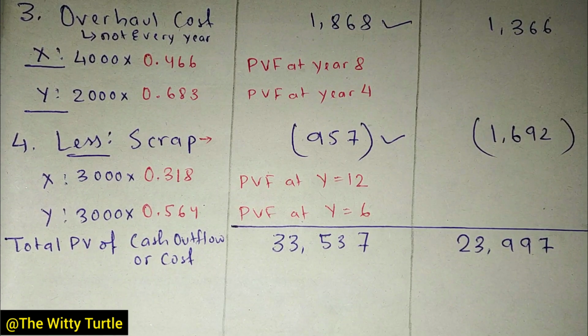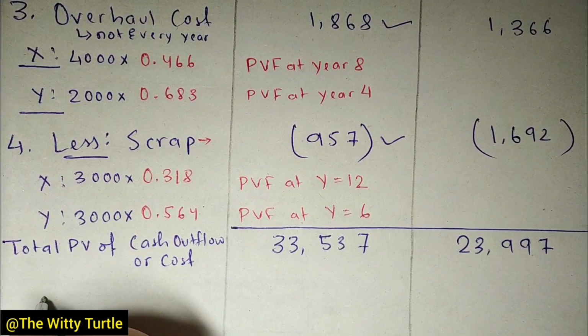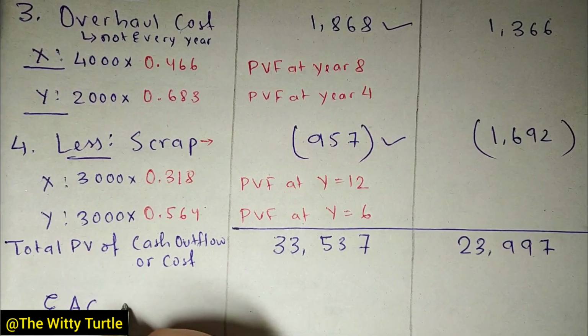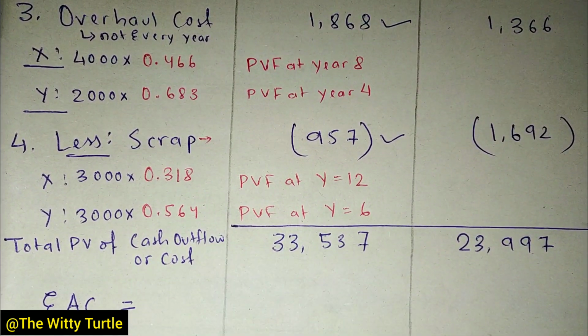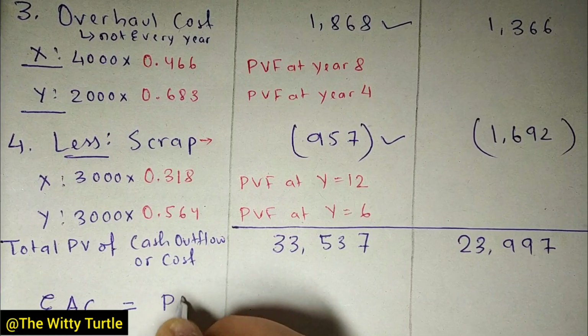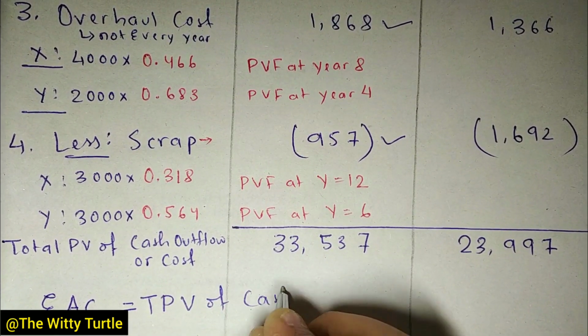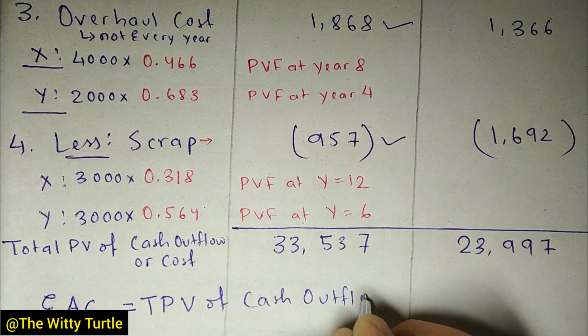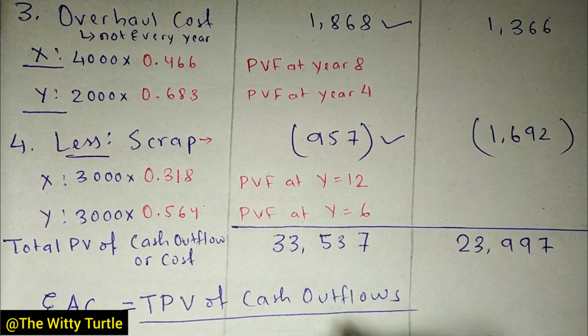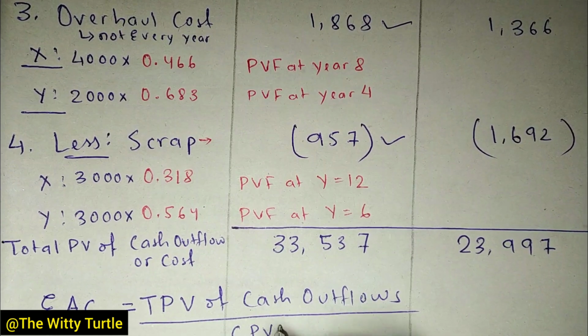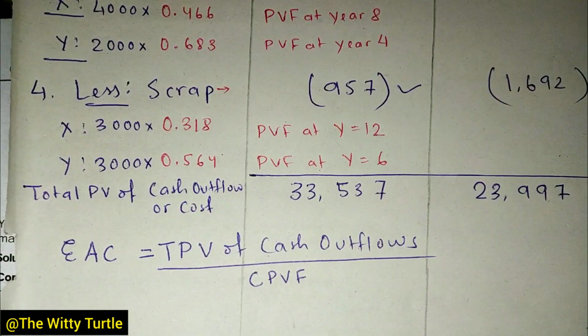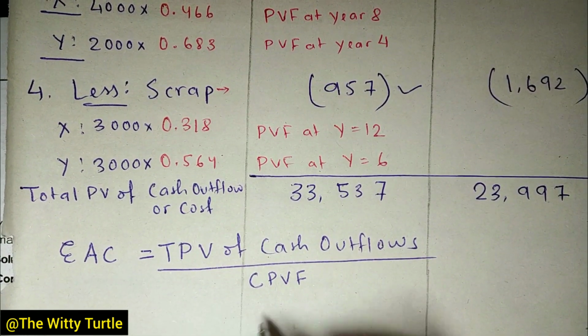Now, we know the formula for EAC. EAC का formula क्या है? Now only I told you: total PV of all cash outflows divided by CPVF, right? So ये क्या हो जाएगा?